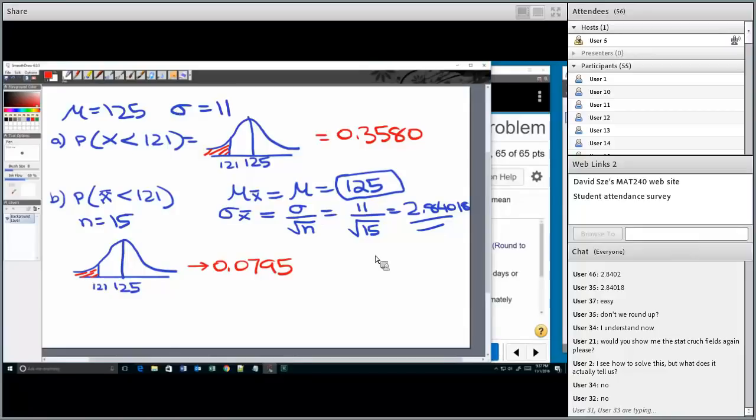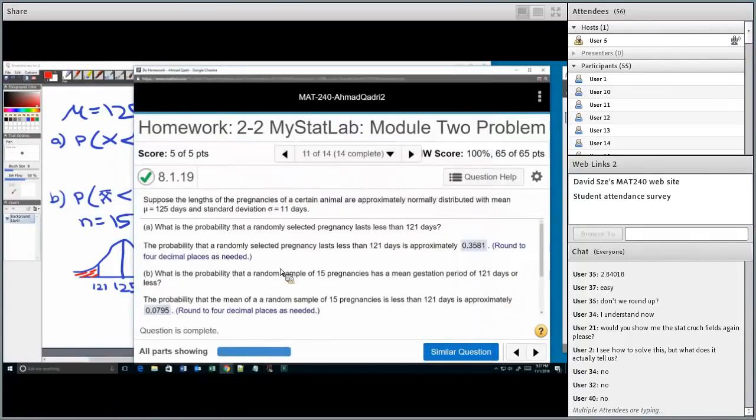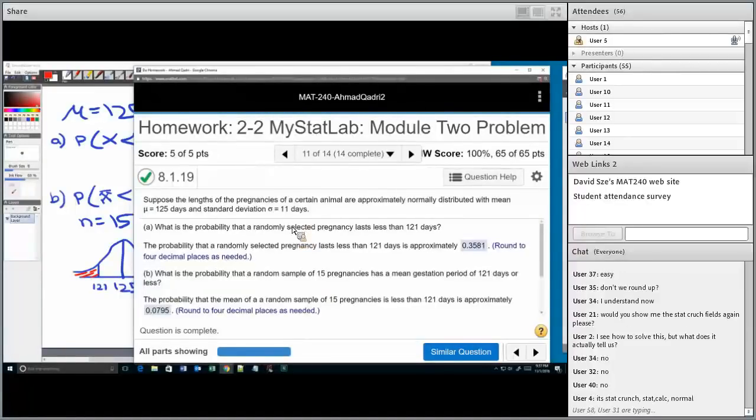So Peter, as I just explained, this is a different problem, right? The problem said, what if you took a sample size of 15? What is the probability that the mean of those 15 will be 121 or less? In the previous problem, you only took one case from the population, and you asked what is the probability that this one case is less than 121?